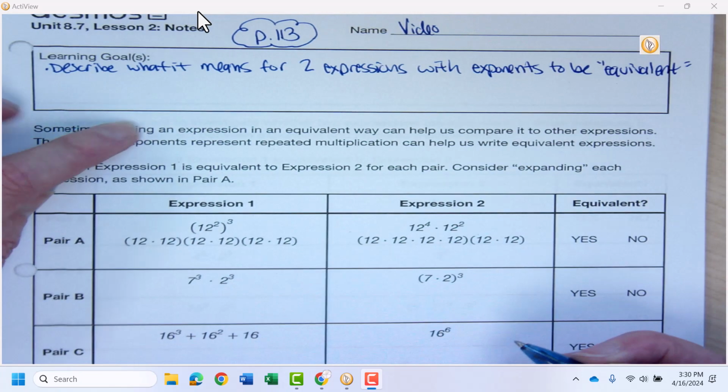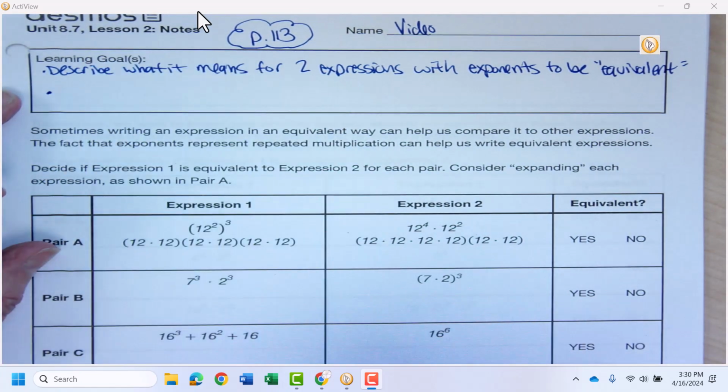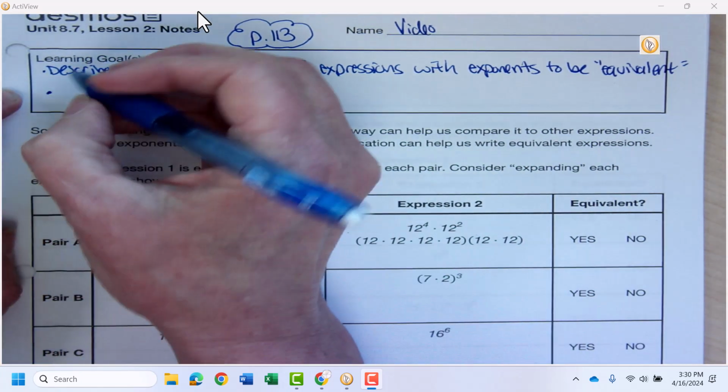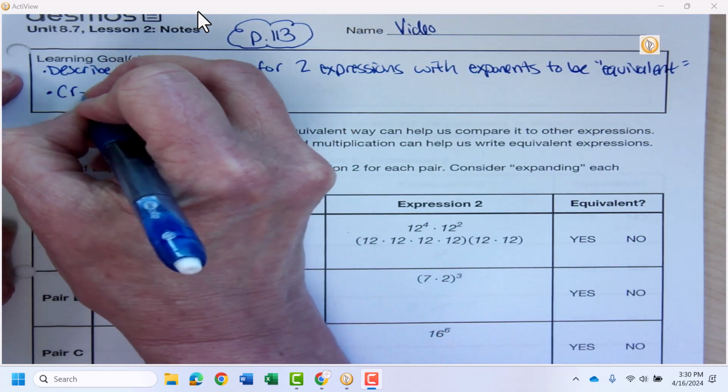Running out of room there. And the second is just to create equivalent expressions with exponents. That's going to be a little harder.